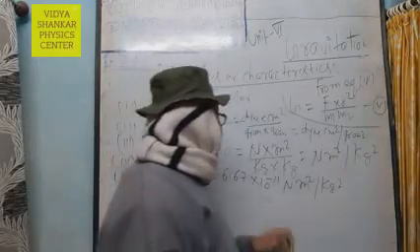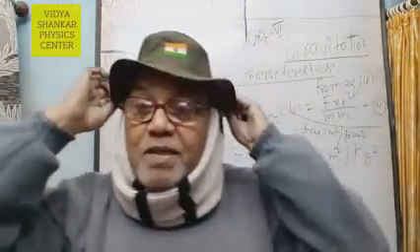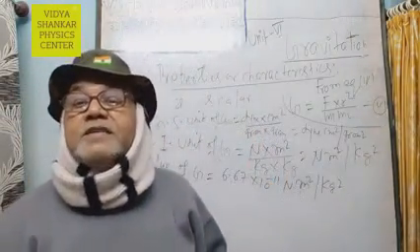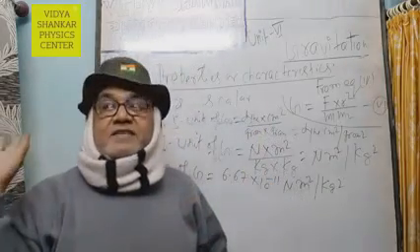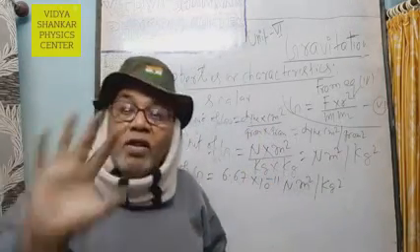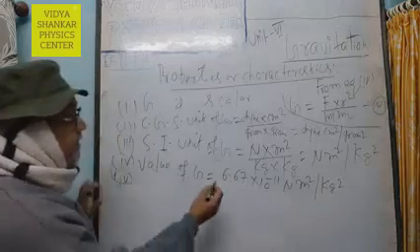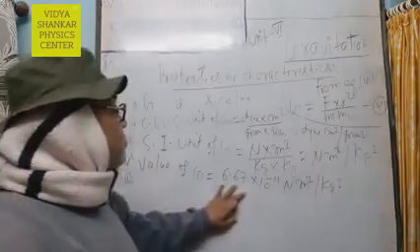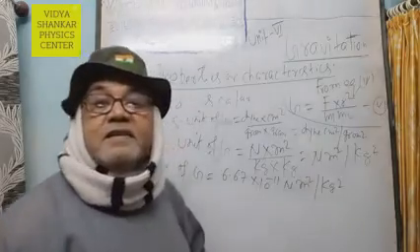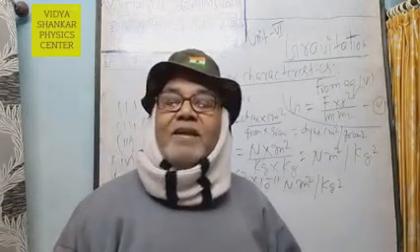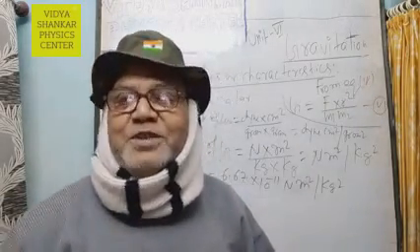G, 6.67 into 10 to the power minus 11 Newton meter square per kg square, remains constant for all the planets. It is constant for all matter. Therefore, it is called the universal constant.